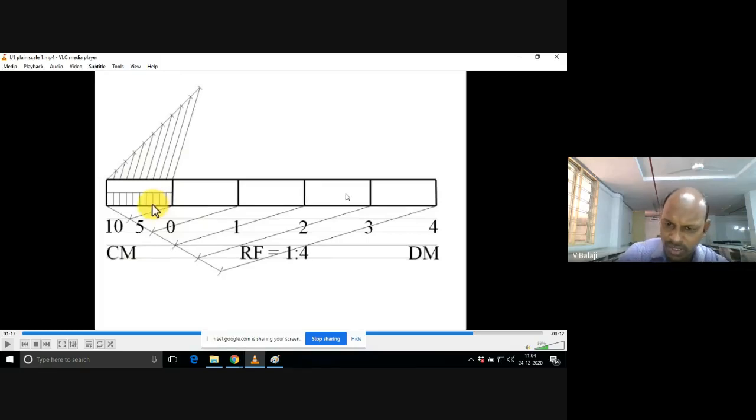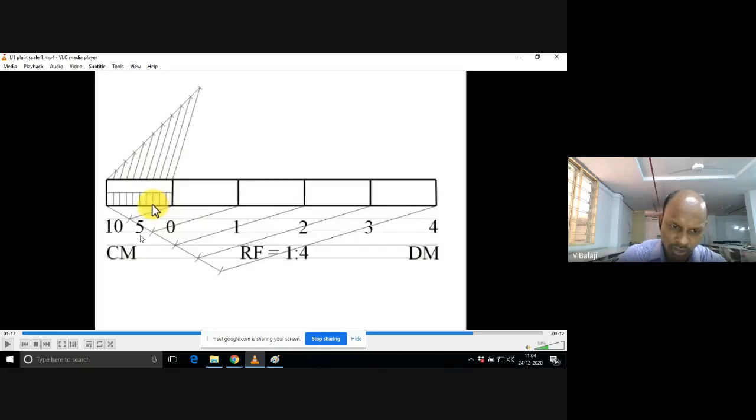So what you have to do is mark 3 decimeters, 7 centimeters. To the right hand side, take the main unit 3 decimeters. You draw one vertical line here because this is the 3 decimeter line. And where is the centimeter? To the left hand side of 0, right? So you number it as 1, 2, 3, 4, 5.